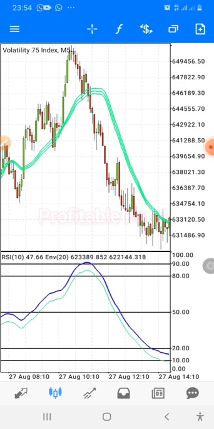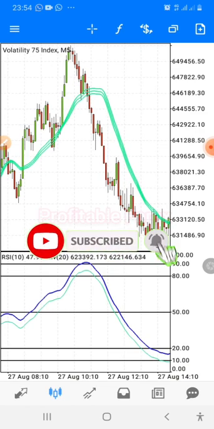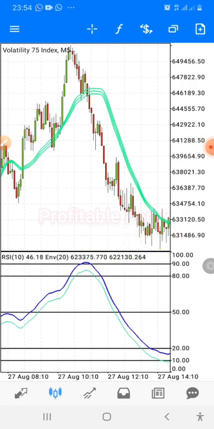On the main chart we have our Bollinger Bands, and on the indicator window we have the RSI and the envelopes. Just simple indicators, a simple setup, not complicated, and beginner friendly.